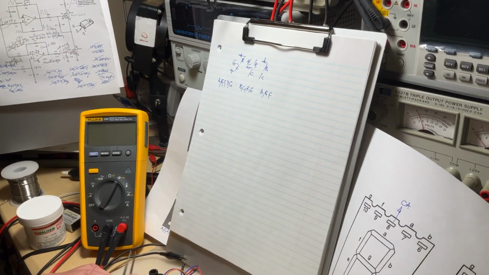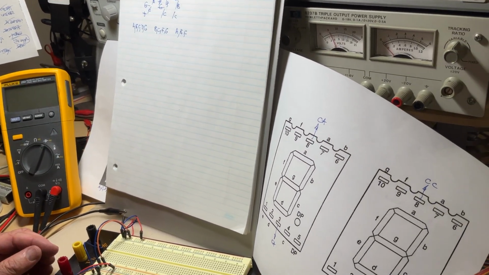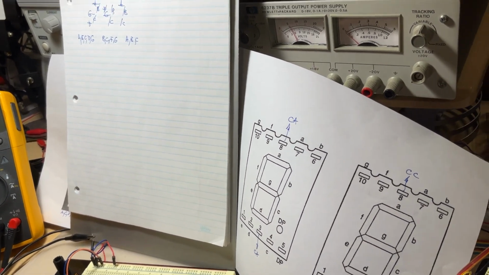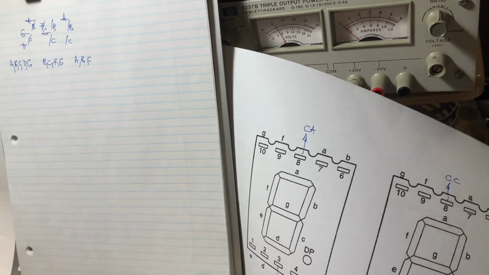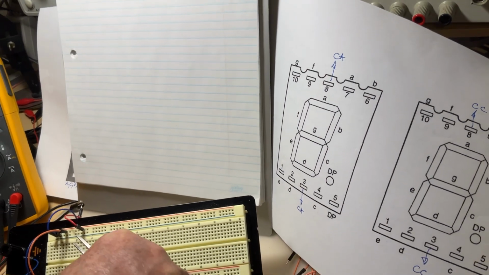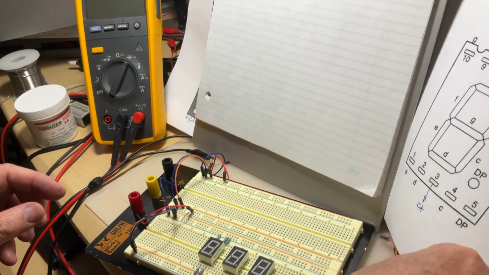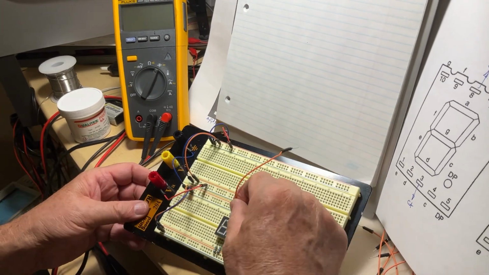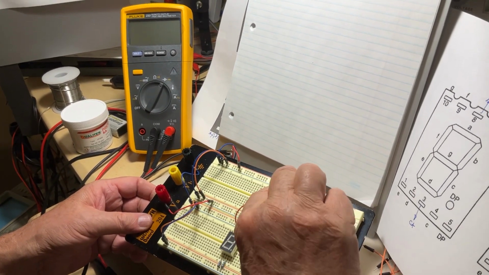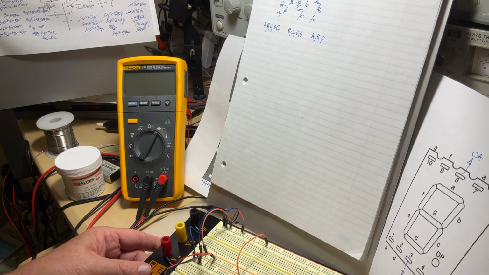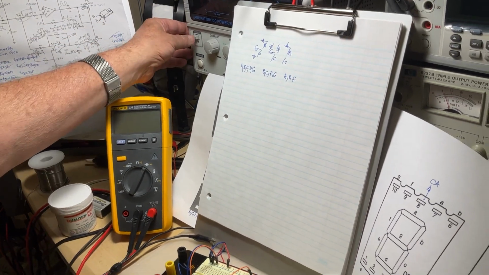After D, we have the G. So G is on the other side. Is the pin 9 adjacent to the common. So if I just want to check this one to see if it's working, I connect the pin 8. I put it to a positive. It's a common anode.